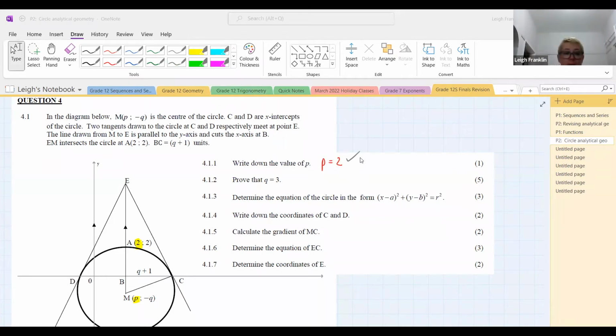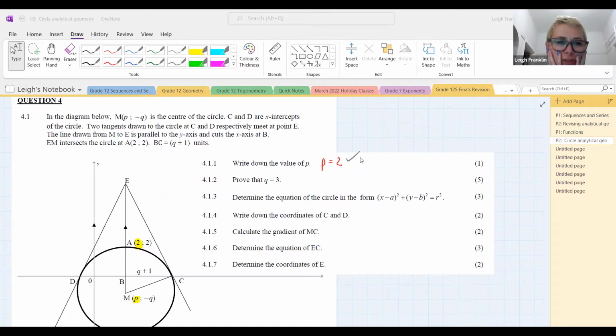So I want you guys to look at the diagram. I'm not going to tell you what the answer is. You guys are going to have to come forward with suggestions. I want you to find q, and I want you to tell me how you think we would prove that q is equal to 3. What can you see in the diagram that you could potentially use? What are you drawn to straight away?